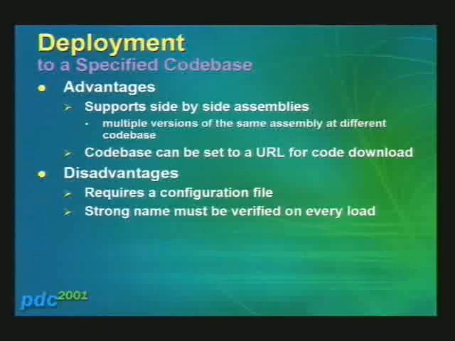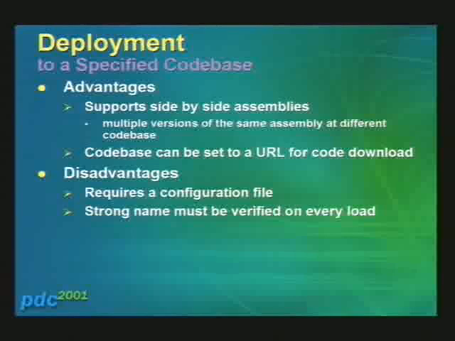The last alternative is to use the Codebase option. Now, this option is also somewhat appealing. I would say this is the second best thing to the GAC, and then using the app directory is the third alternative. Using the Codebase, what I'm able to do, just in a config file, is create a configuration file and put it next to my application executable, or in the case of a web app, I can use the web config file.